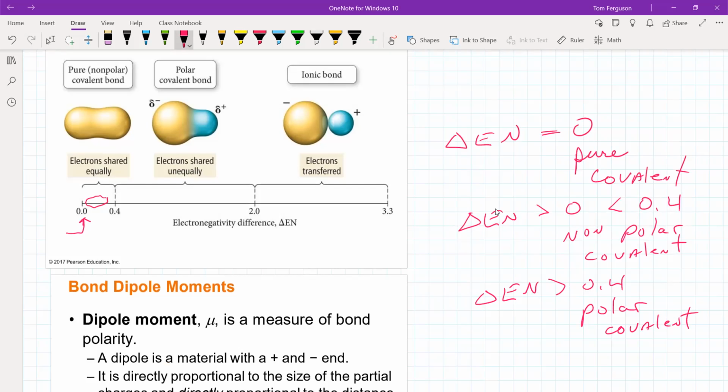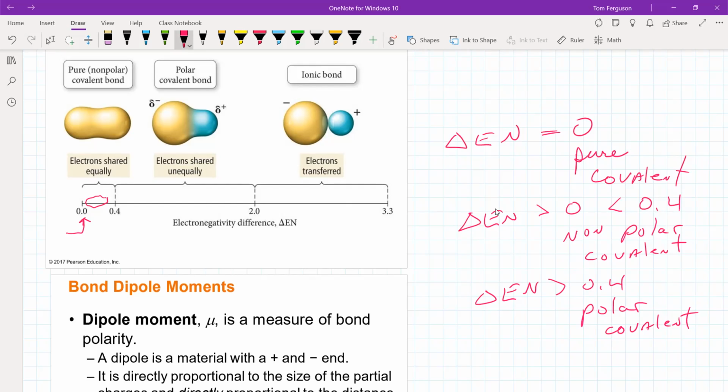Okay, if it's 0.4 or greater, it's non-polar covalent or polar. Remember I said there was a big gray area? They just put a stake in the ground. Some textbooks say 0.5. So if I ever give you a question like this, it won't be 0.4, because you can make a case either way.